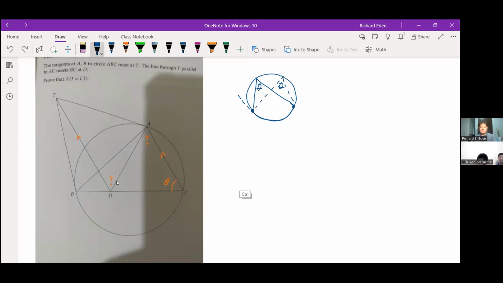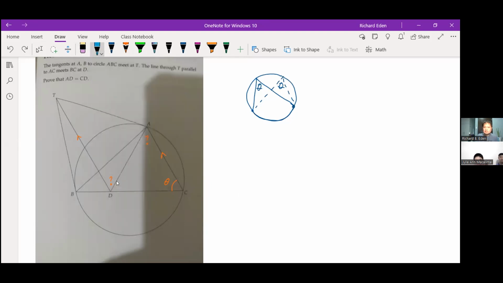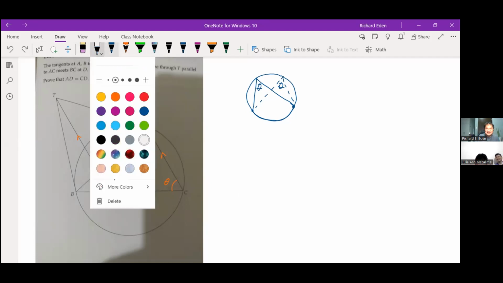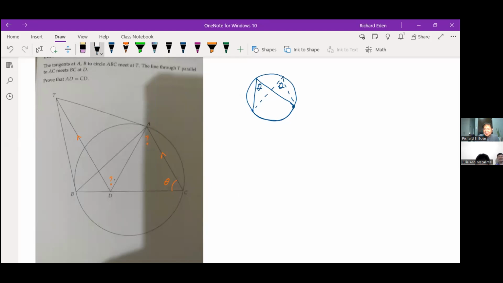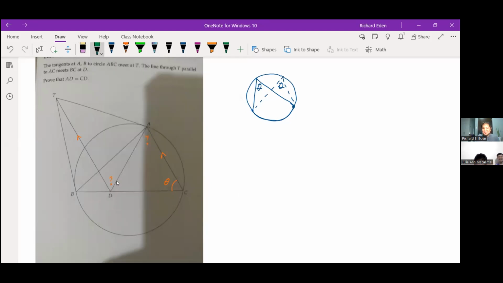using a color. White, please, so we can see. Let's see. Green is hard to distinguish from the blue.